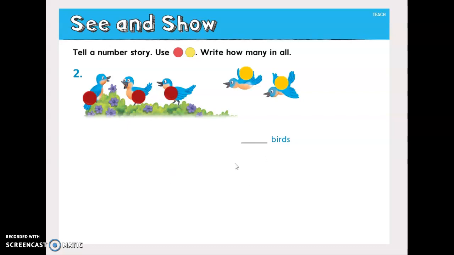How many birds in all? Count all of your counters. 1, 2, 3, 4, 5. So 5 birds. All right. 5. All right. Let's check our answer. We got it. Nice work.